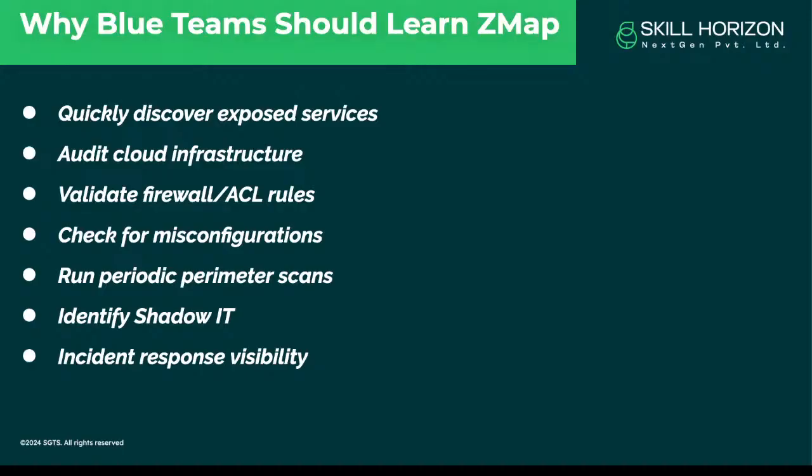So in short, Zmap gives you instant visibility into your entire attack surface. That's why the use of Zmap is essential, and that's why we are talking about Zmap here in this series.